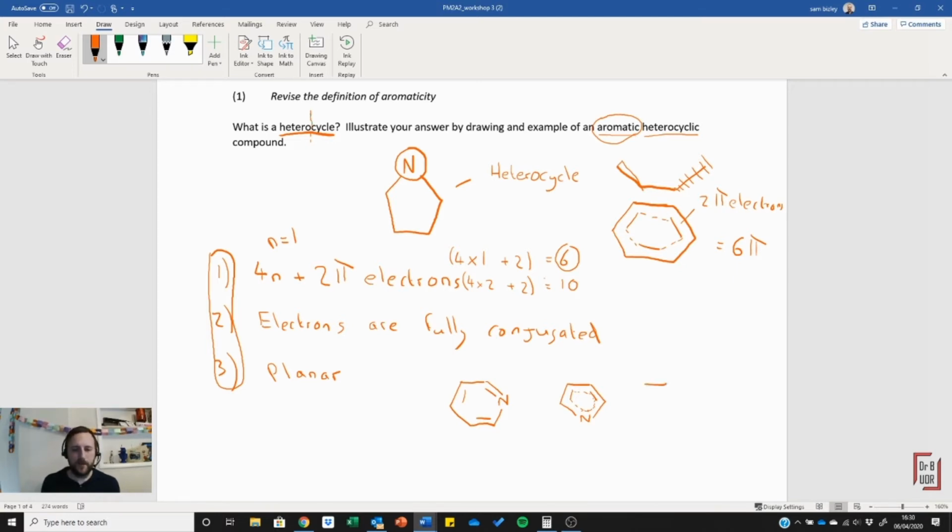Now, I did say that we'd generally focus on oxygen and nitrogen, but you can use sulfur as well. So this is thiophene if we draw in those. You can have an oxygen derivative of that as well. So this is furan. And again, it can become even more complicated as you want in reality.